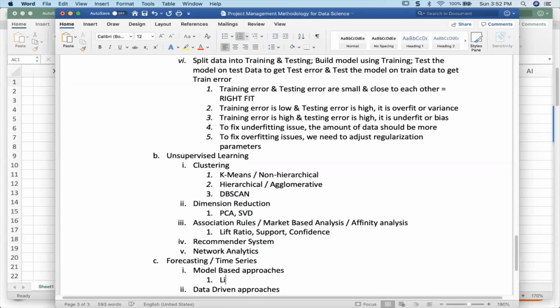In model-based approaches, you have linear model, quadratic, exponential, and so on and so forth.